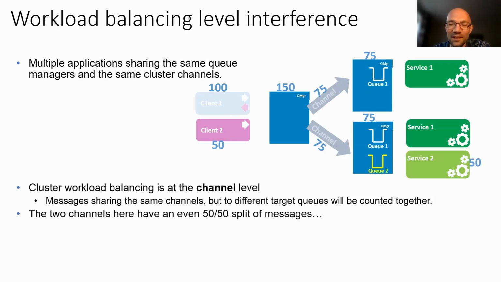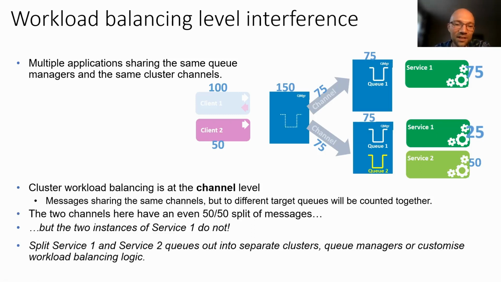But of course, that doesn't mean that you're going to get a 50-50 split between the messages that are received by each service. We've managed an even workload distribution between the channels and between the two service queue managers, but not between the messages that are actually processed by the services themselves, which might not be what you were intending.